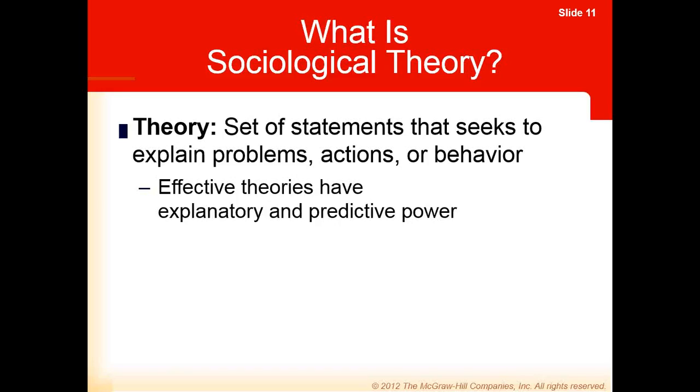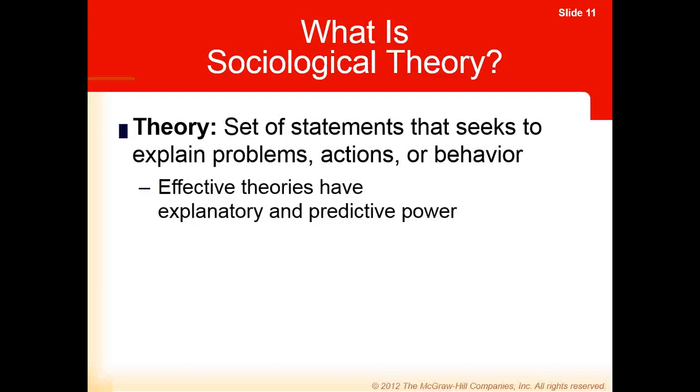We have three big theories that offer explanatory power in sociology as it's practiced here in the United States of America: structural functionalism, social conflict, and symbolic interaction. Each of these has explanatory and somewhat predictive power as well.